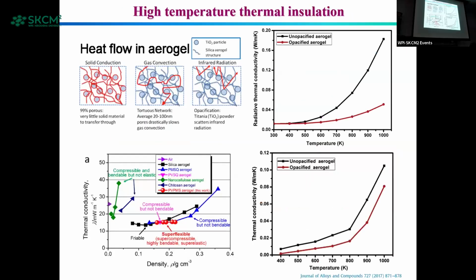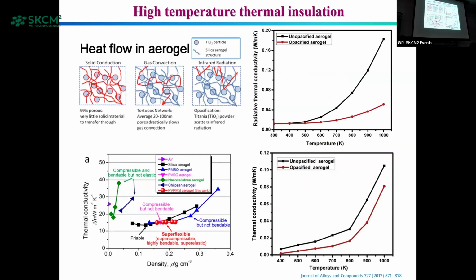And one important characterization or property of aerogel is thermal conductivity. So what is thermal insulation? Heat transfer in aerogel: generally we know heat transfer can happen by conduction, convection, and radiation. Solid conduction is negligible in the case of aerogel because there is less than 10% solid network. So solid conduction is negligible.